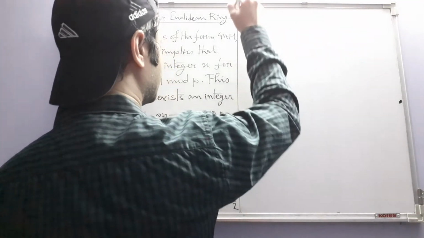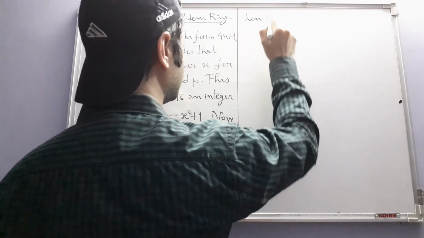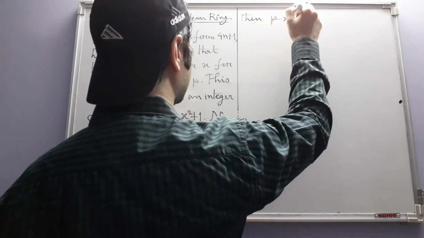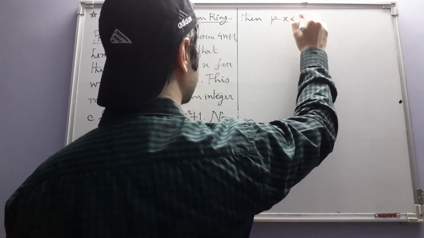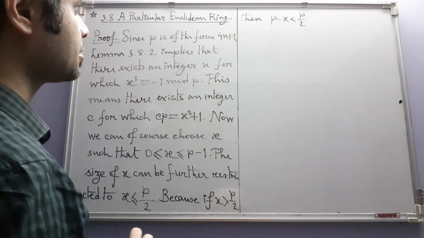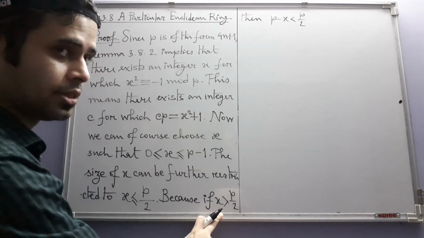Because if x is greater than p by 2, then p minus x is less than p by 2, and p minus x of course is greater than 0. Why?